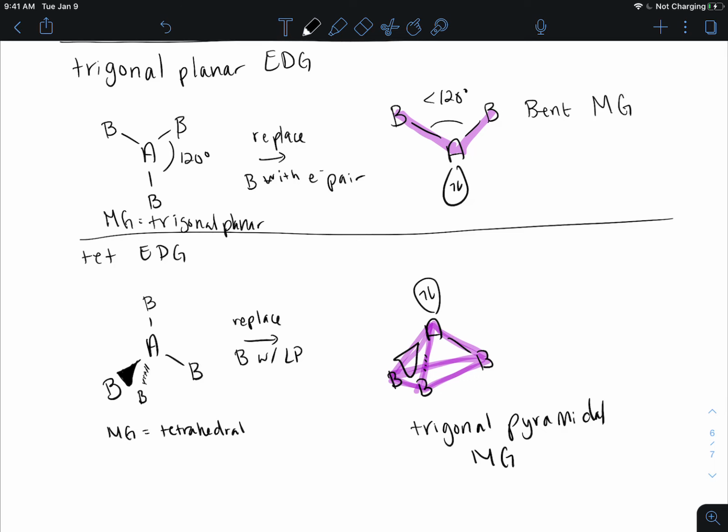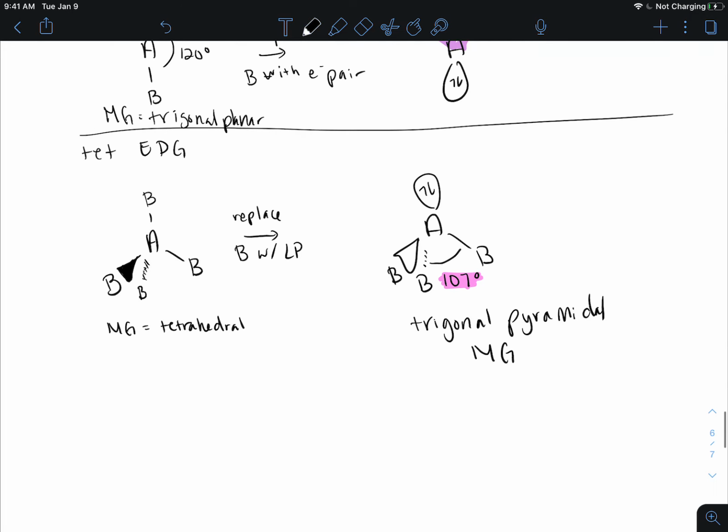Because of that non-bonding pair of electrons, we are going to have a bond angle of 107 here. And this is a bond angle you need to know. So in a tetrahedral electron domain geometry, looking at our trigonal pyramidal molecular geometry, where we have one lone pair around our central atom, we have a bond angle of 107.